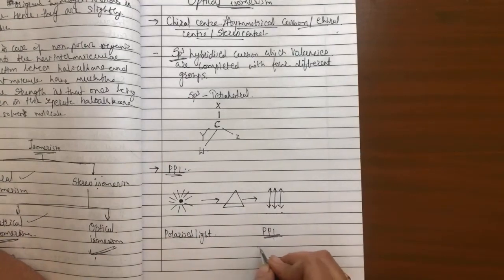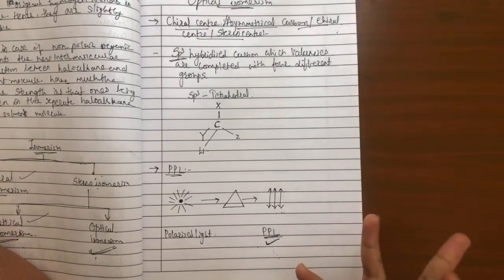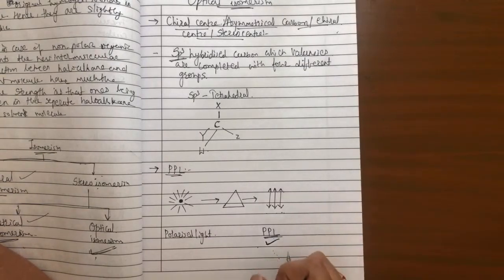Now why do we study plane polarized light here? The only aspect of learning plane polarized light is that this is the only way we find out whether a given compound, whether haloalkane or haloarene, is optically active or not. For finding that out, we make use of plane polarized light. How?